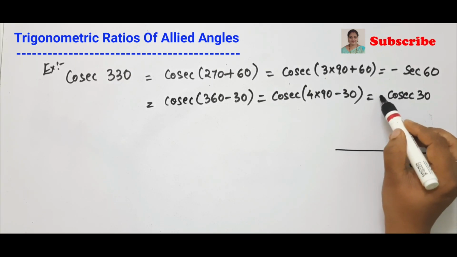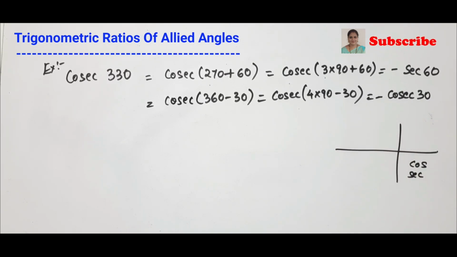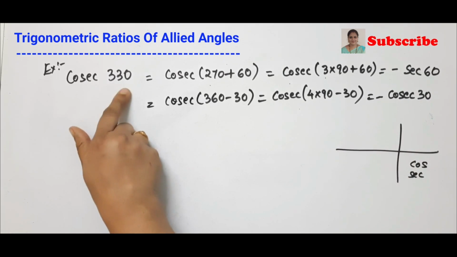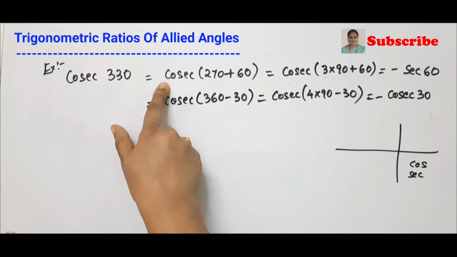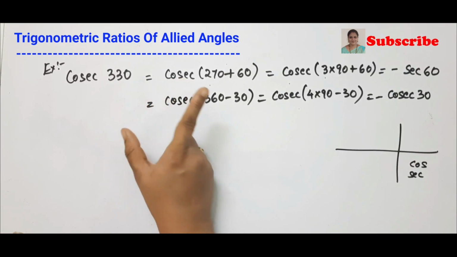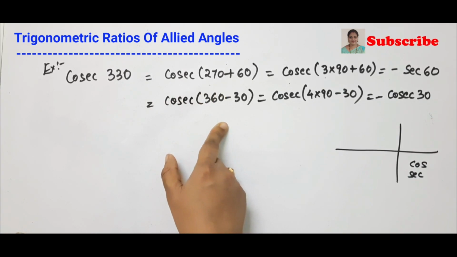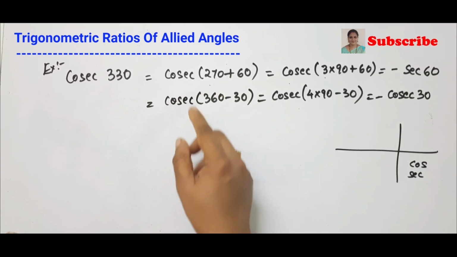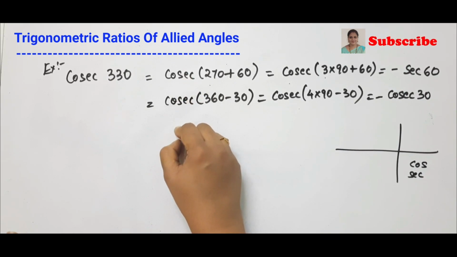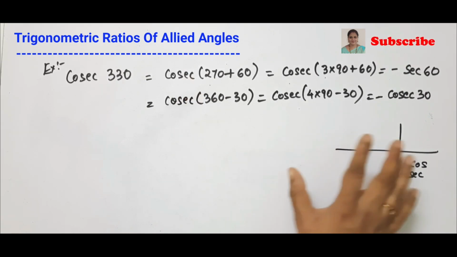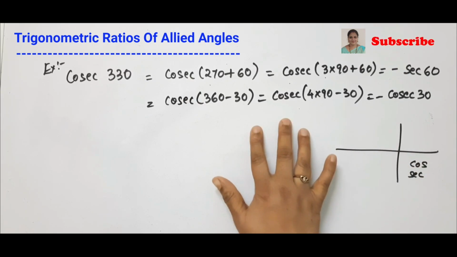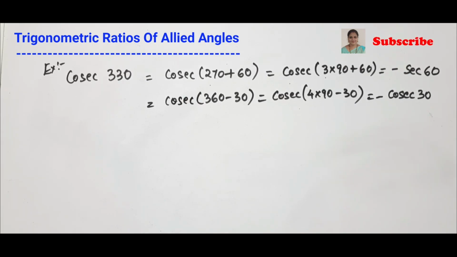So here we have to keep a minus sign. So you can solve the same cosecant 330 in either manner, by expressing it as an odd multiple plus theta or an even multiple minus theta. Either of these methods can be used to solve this sum. The result will be the same.